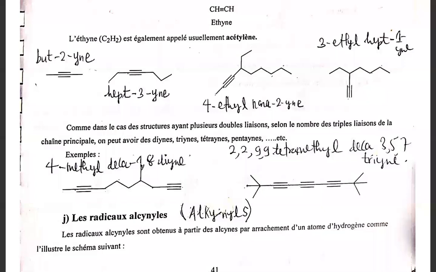So if you have a double liaison and a triple liaison, we are supposed to, first of all, have the chain that is longest and contains the maximum number of double or triple liaisons. Unfortunately, a carbon atom cannot form 4 bonds with another carbon atom.